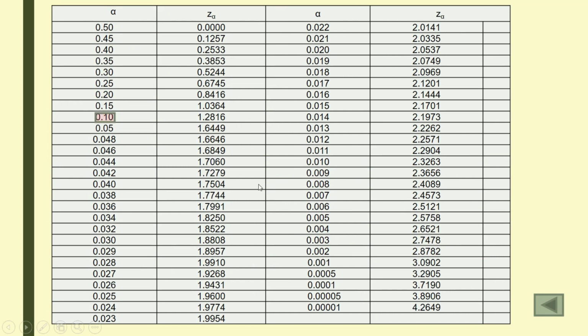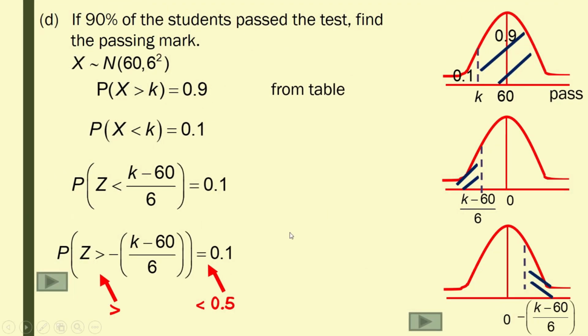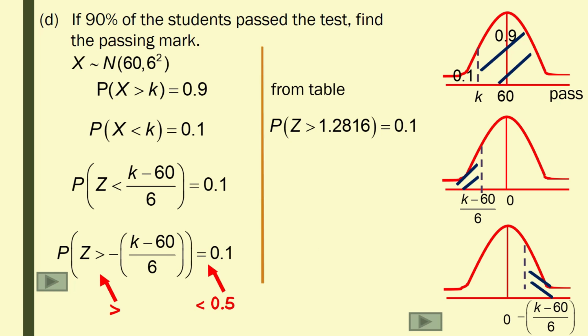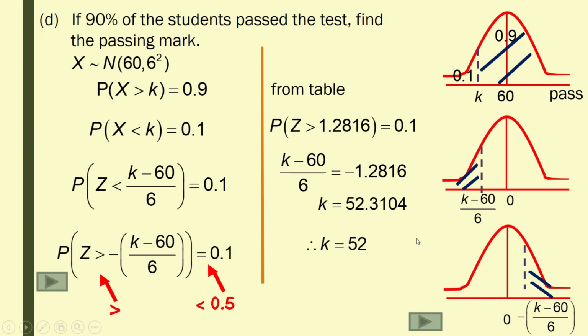Okay, we look at 0.1 and Z alpha is 1.2816. So P(Z > 1.2816) equal to 0.1. Okay, therefore (K − 60)/6 equal to −1.2816. We simplify, we get K equal to 52.3104. So the answer is K equal to 52.